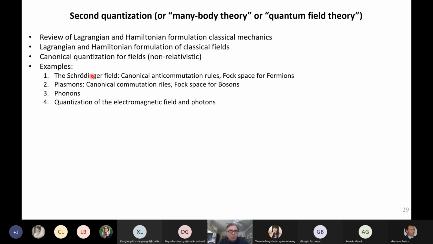The example that we'll see first will be the Schrödinger field. It's a little bit strange because this is a system of fermions, so there will be some slight differences with respect to what we will see for plasmons, for example. We will define the Hilbert space that has this property that doesn't force you to have a fixed number of particles.